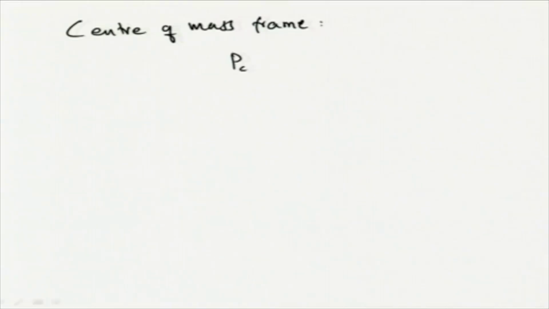So, here we have P C plus P A as the sum of the 3 momenta of the 2 initial particles, only 2 of them are there, which is equal to 0.